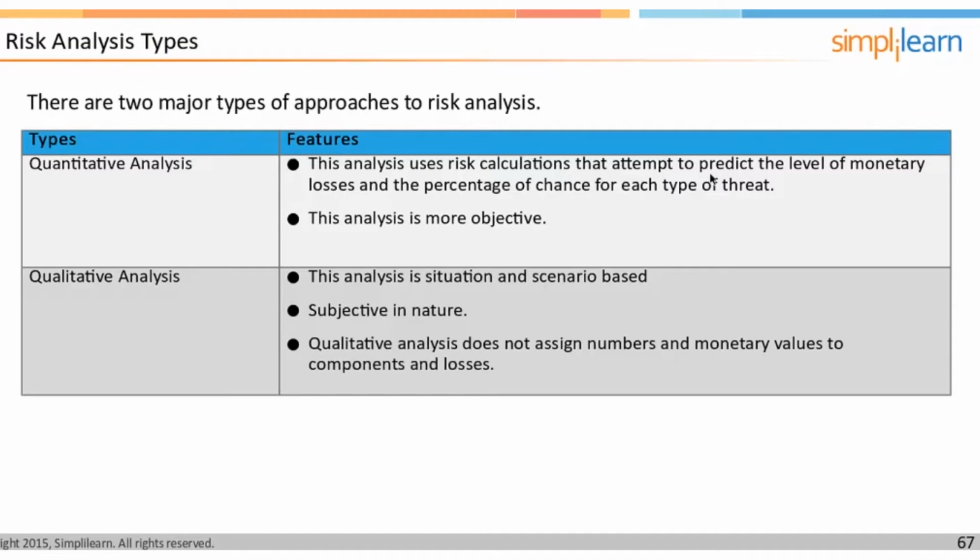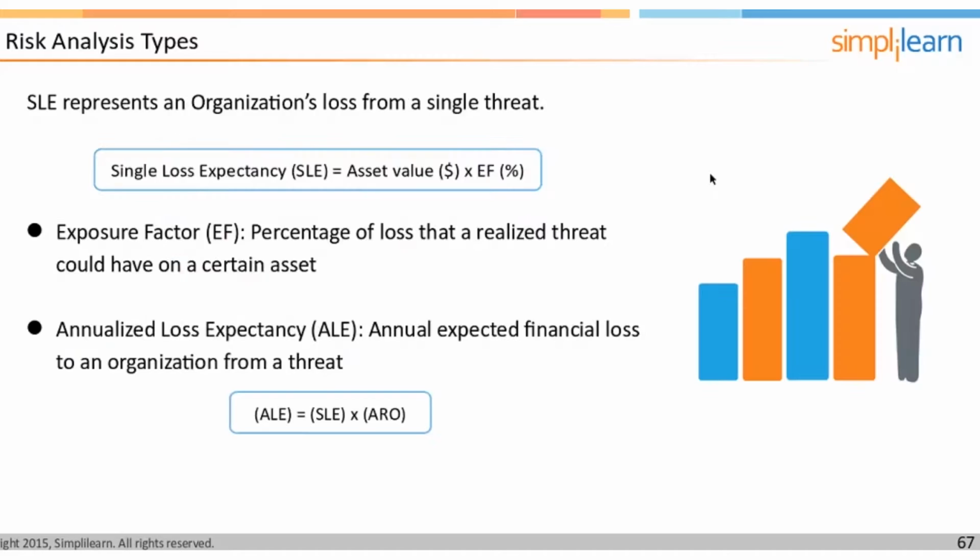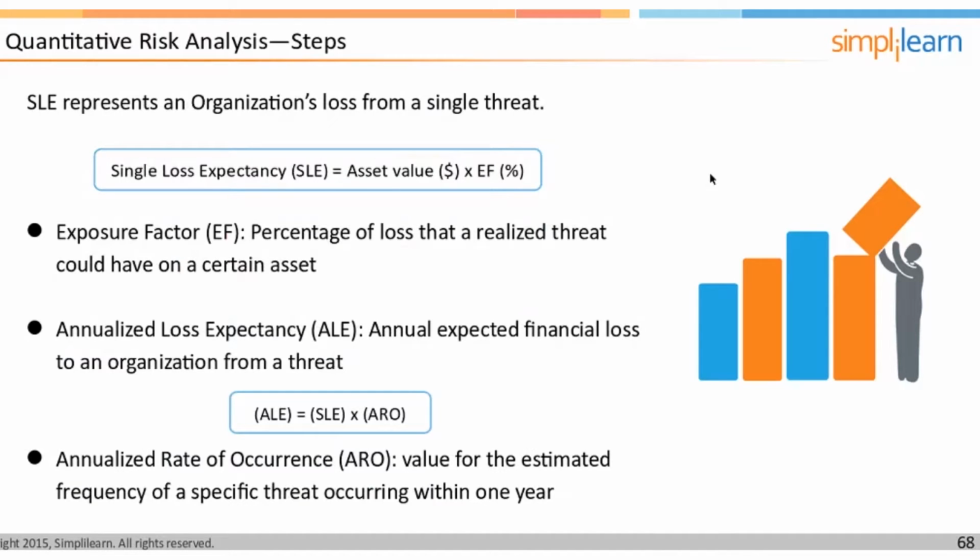For CISSP, you will need to do some quantitative analysis, and there are a few formulas that you will need to understand and apply. One of the formulas you need to know is called the single loss expectancy.